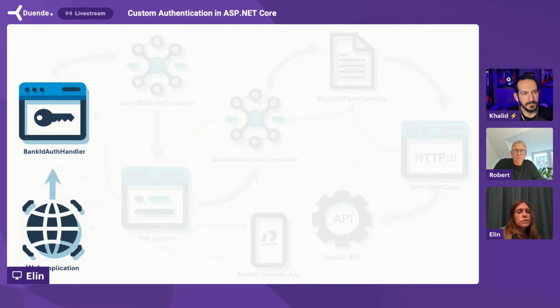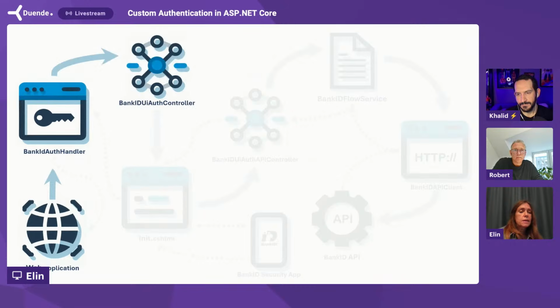And at this point, Active Login creates a cookie to keep track of important information throughout the entire authentication process. And in the next step, the auth handler redirects us to a built-in controller inside Active Login. And this controller is simply responsible for creating a view model that contains all kind of information that is required by the user interface.